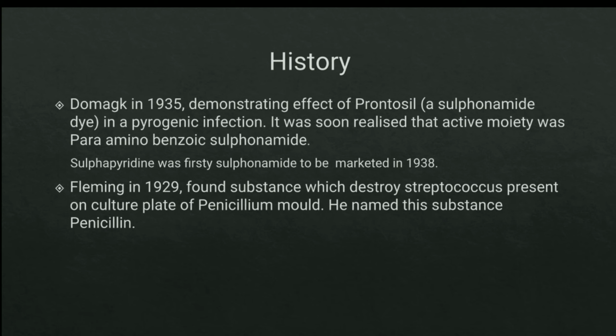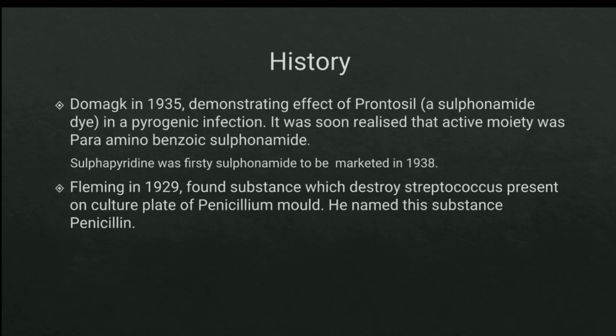After that, in 1929, Fleming, you have heard about that, found penicillin. How was it found? He found a substance which destroys Streptococcus, which is a bacteria, present on a culture plate of Penicillium mold.